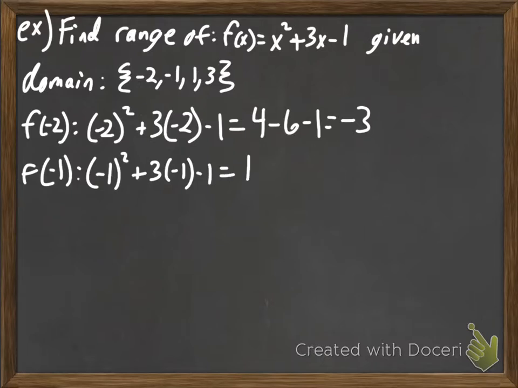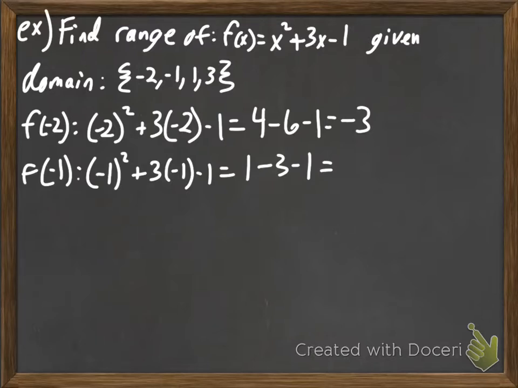So it gives us 1 minus 3 minus 1. Remember, whenever we square something, it's always going to give us a positive when that negative is inside the parentheses and is being squared with it. It's really easy to make a mistake and write a -1 or a -4 like we did before.